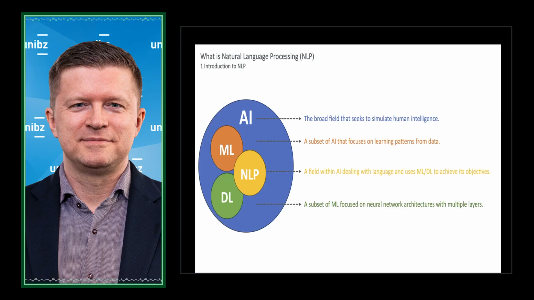However, it's also a subset of deep learning because it uses deep learning architectures, like neural networks, especially those based on transformers, and, of course, powers state-of-the-art NLP systems like GPT, which stands for Generative Pre-trained Transformer, like I mentioned before, GPT-4o, which is the basis of ChatGPT, for example.